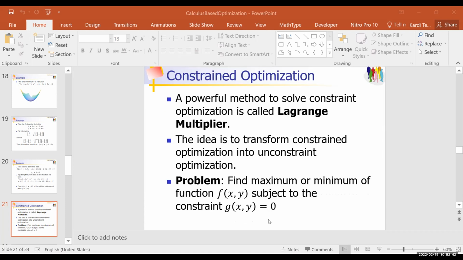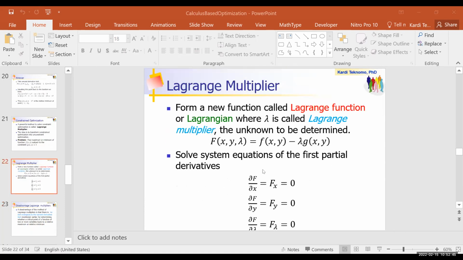Then you form what is called the Lagrangian. You introduce one variable called lambda, the Lagrange multiplier. Earlier you had f of x, y, so now you create a Lagrangian function of x, y, and lambda.